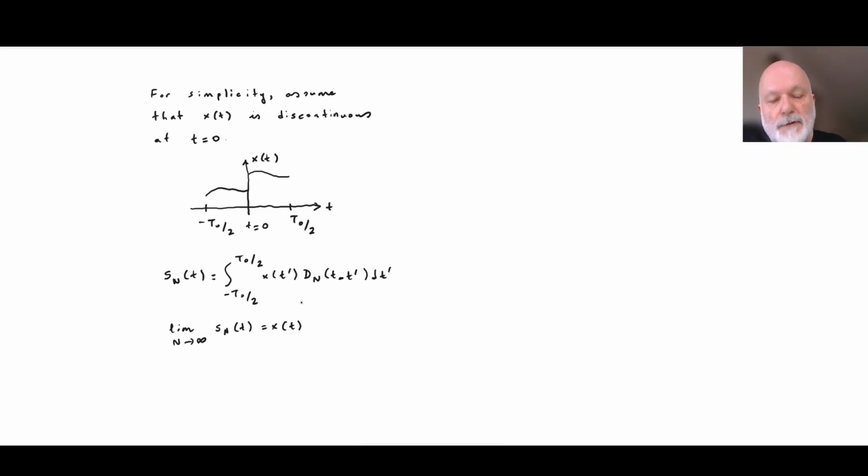But we are considering points which are not equal to 0, because at the discontinuity we are going to have a different argument.